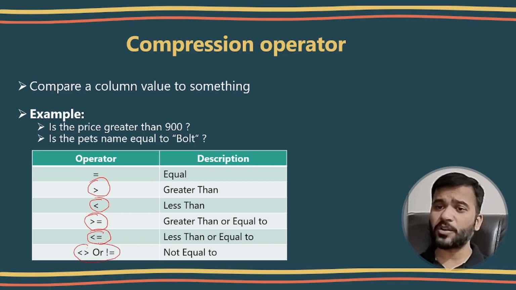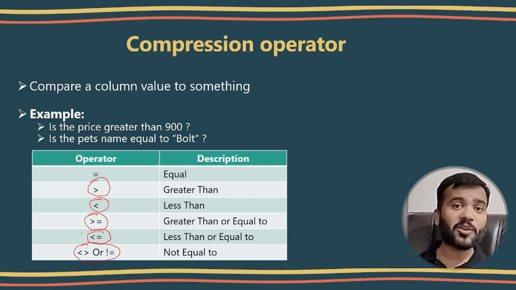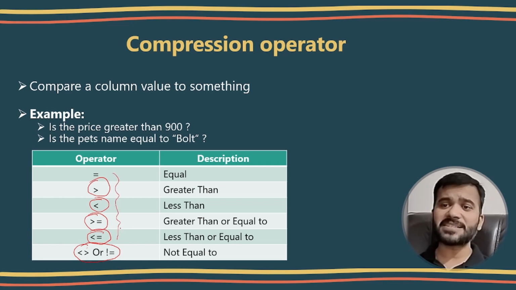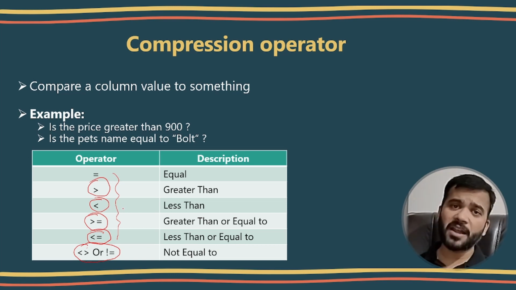If you don't want to include something in your condition, in your data, then you will use this not operator. Don't worry if you don't understand right now, just remember these are the comparison operators we are going to use in our queries. Then you will understand why we are using them and how we can use these comparison operators.